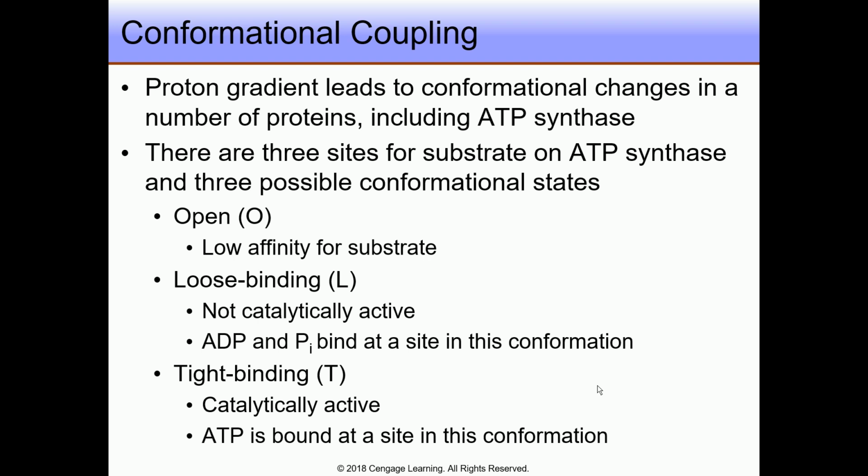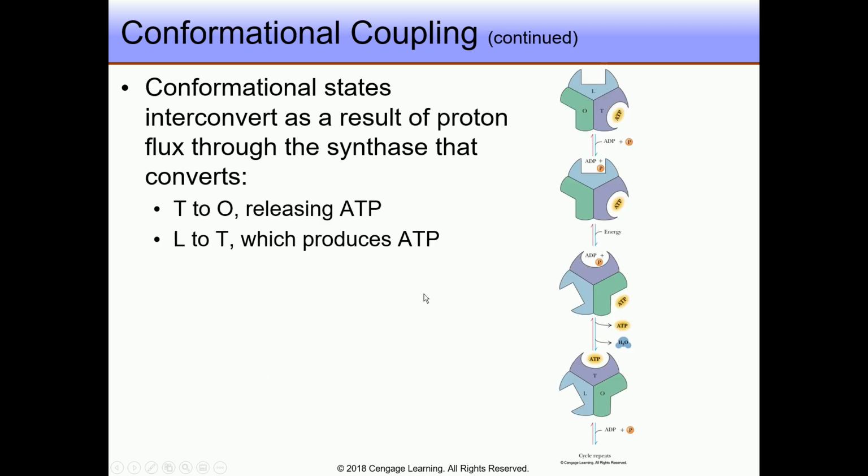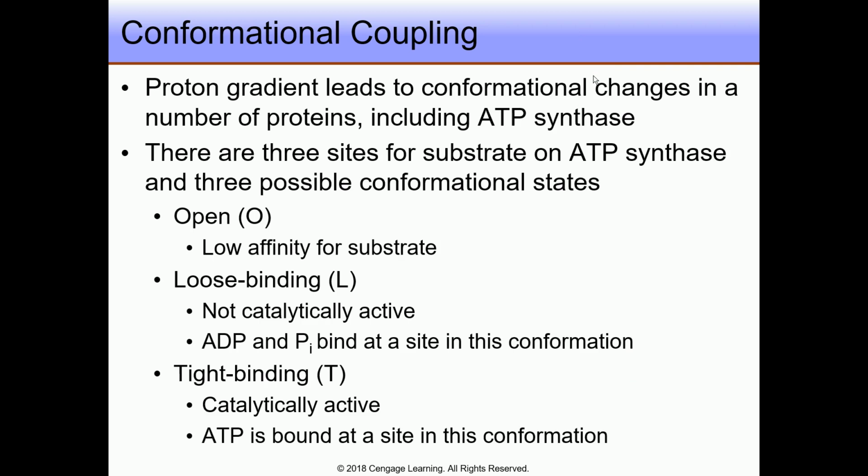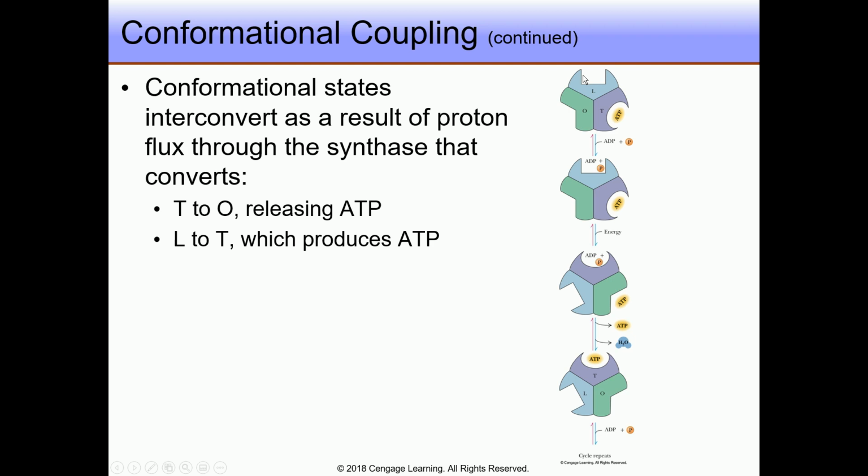The F1 part of the ATP synthase has 3 beta subunits, and these beta subunits can exist in 3 different conformations. One is called O, which is open, another is called L, which is loose binding, and the third one is T, which is tight binding.